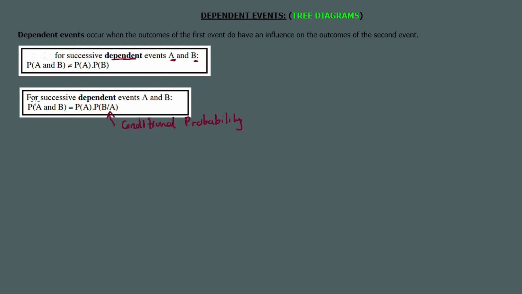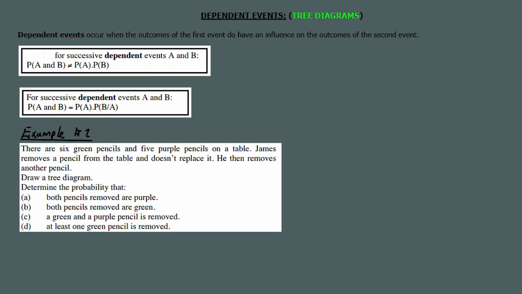So for successive dependent events A and B, the probability of A and B is equal to the probability of A times the probability of B with a conditional probability given event A, right? So we have a probability of B, but it depends on what happens in A. Now, let's demonstrate this using an example.